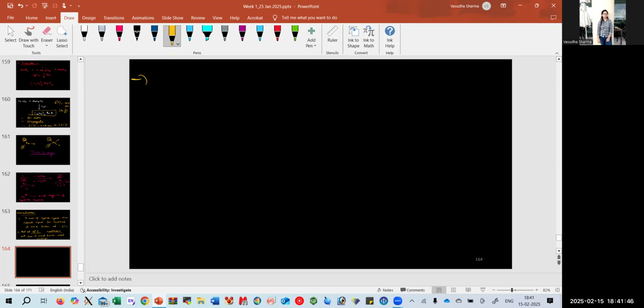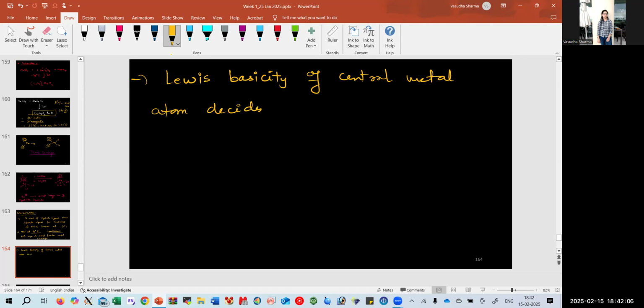Also, we have certain features. Lewis basicity of the central metal, how basic it is, decides the reactivity of these complexes.